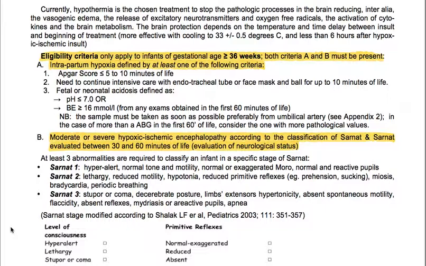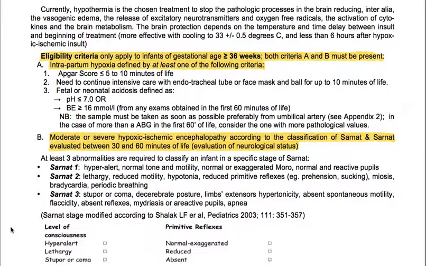Nota bene, the sample must be taken as soon as possible, preferably from the umbilical artery. In the case of more than one arterial blood gas in the first 60 minutes of life, consider the one with more pathological values.